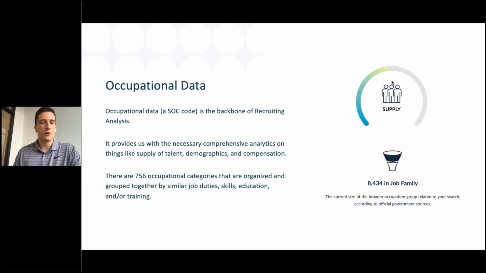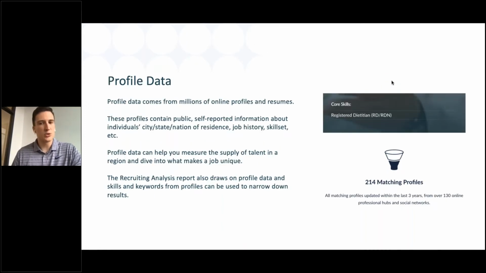So in order to really fine tune your search criteria by skill, by keyword, by nuanced job title, we have to go beyond those 700 or 800 occupational categories. And to do so, we're grabbing two other data sets, profiles data and job postings data.